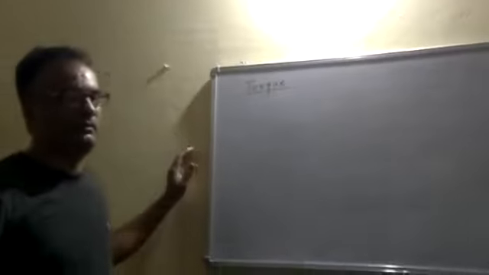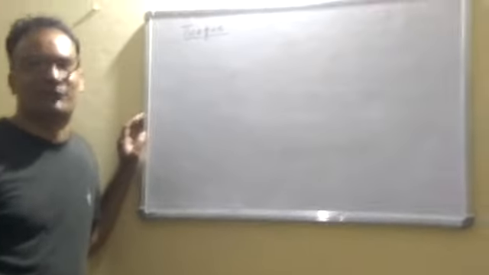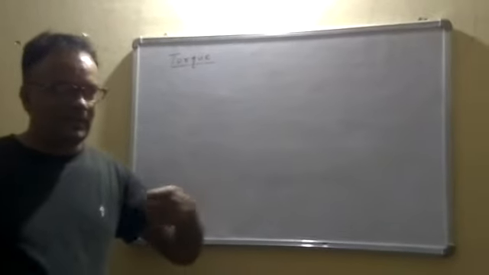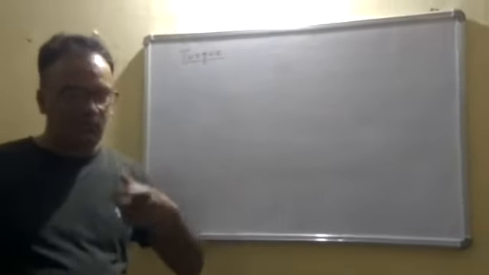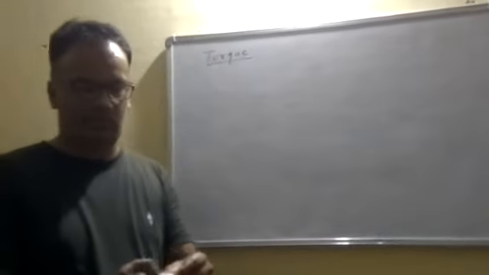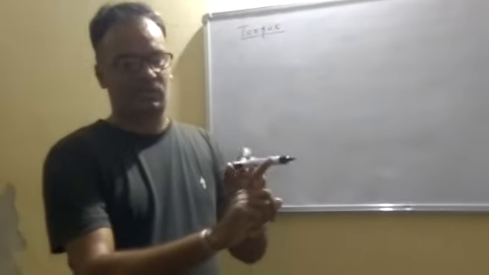The torque is what? You can say it is a rotational force. It means when you apply the force and the thing gets rotated, this rotational force is called torque. Suppose I apply force here, and it will start rotating like this.